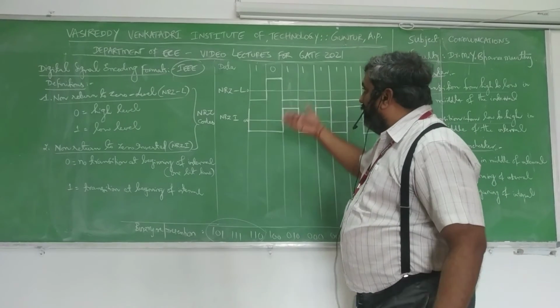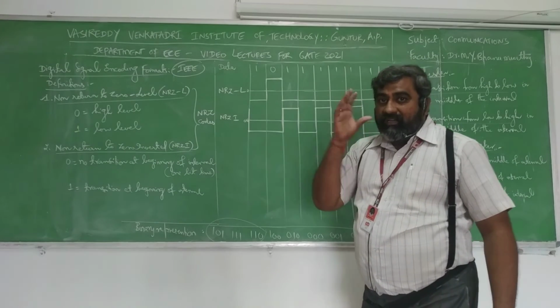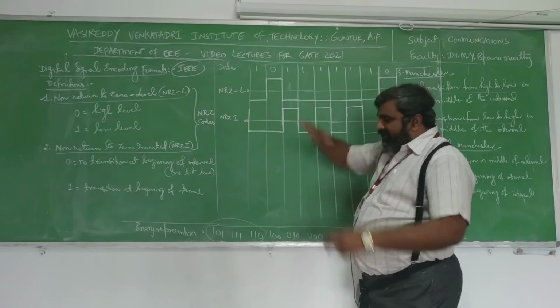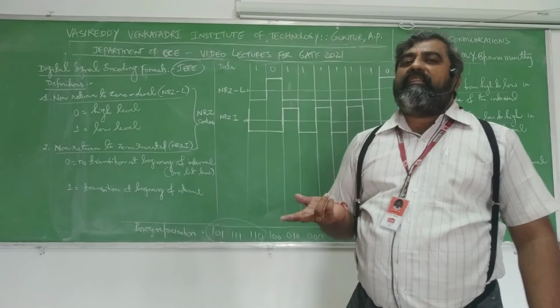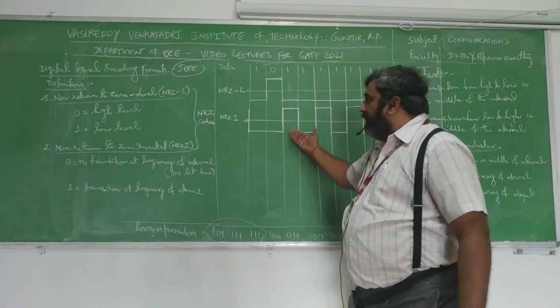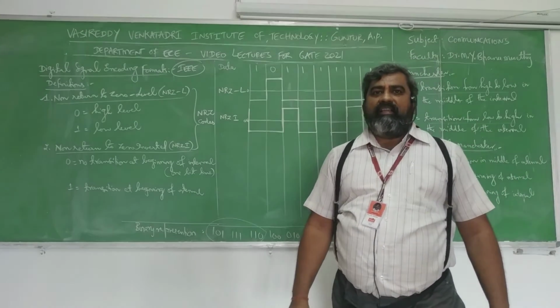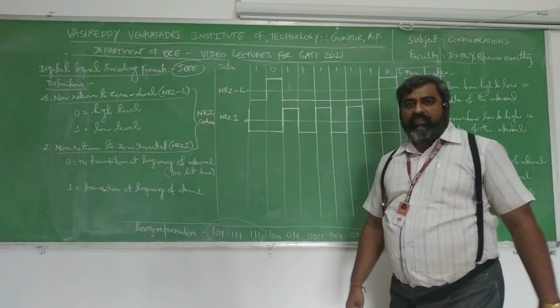But that will not happen in case of NRZ-L. You transmit your data using that format. If the data gets inverted because of the wrong connection of your wires, 1 is treated as 0 and 0 is treated as 1, and you are completely losing your data. But it doesn't happen in case of NRZI. So that is the advantage you gain when you use NRZI.